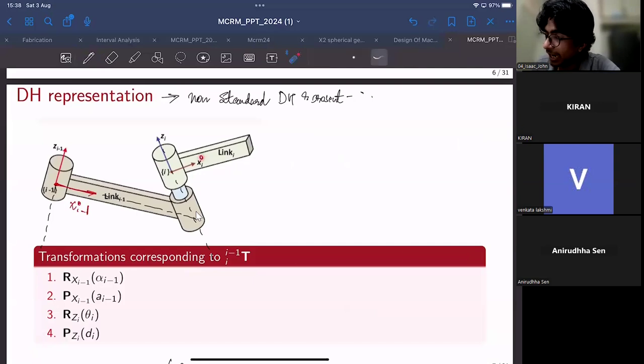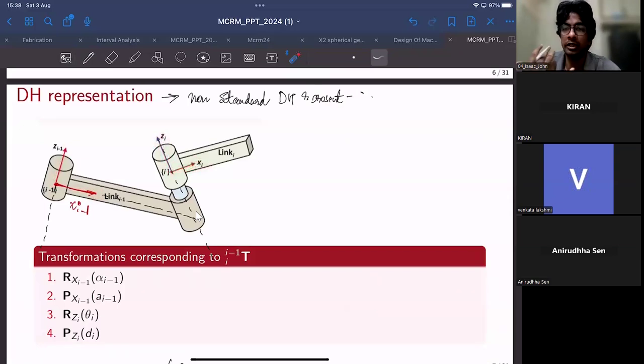And the same thing for Xi. If you want to fix Xi, you have to first consider the direction of Zi, and somewhere over here, you will have Zi plus 1. So comparing these two frames of reference, you can fix the direction of Xi. Right? So now that we have established Zi minus 1 and Xi minus 1, we also have Zi and Xi.